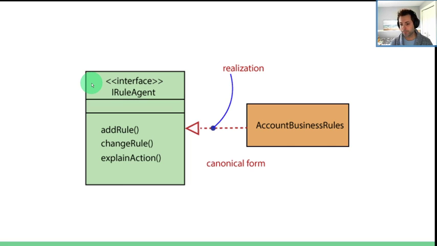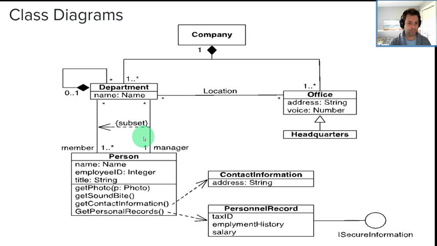This could be a game agent where we're adding artificial intelligence logic to our entities, or we're constraining animations or something like that. Basically, we just have a list of methods here, and this particular class has a realization with this interface, meaning that we have to basically follow out what this interface is providing for us. So let's see if we have another example here.